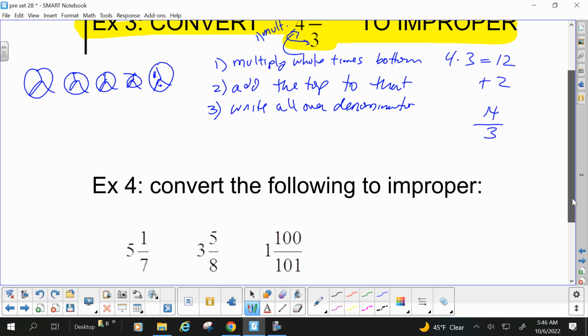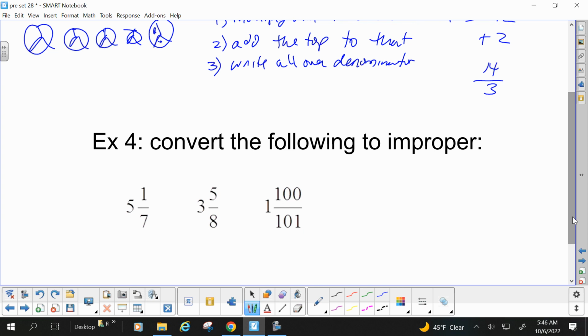Easy. If you then converted these mentally, it'll take you longer to write that down than it will to do the problem.